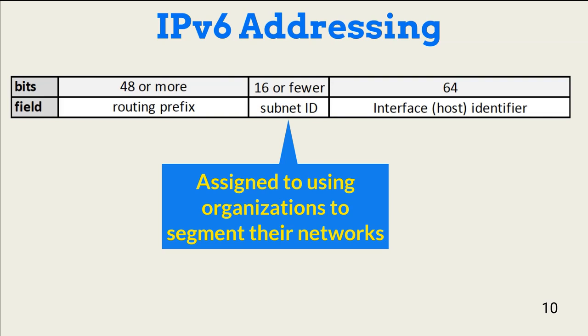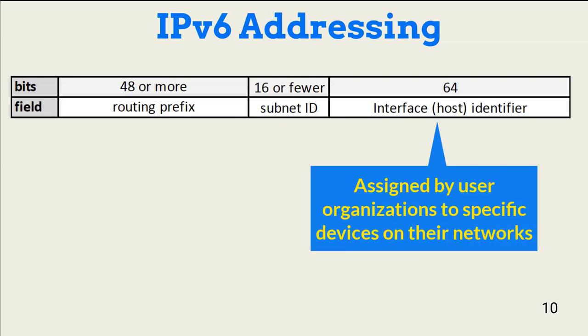Bits in the subnet ID field are allocated to individual organizations, usually by an ISP. They are used to break up the organization's network into network segments. The interface identifier is used to provide a unique address to a network interface. Each interface is associated with a single device on each subnet.